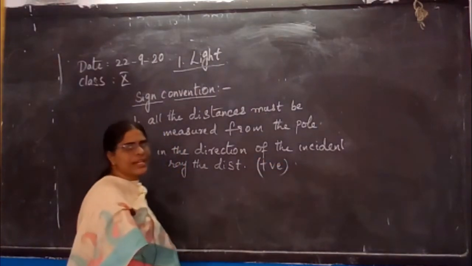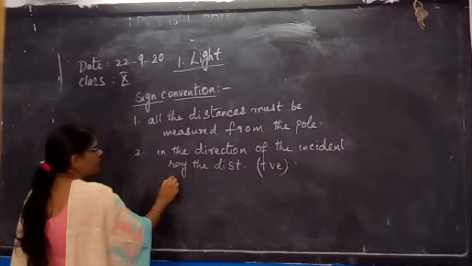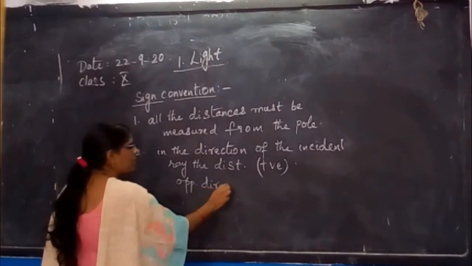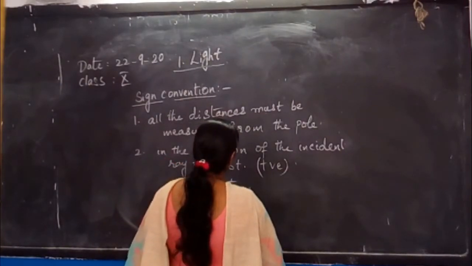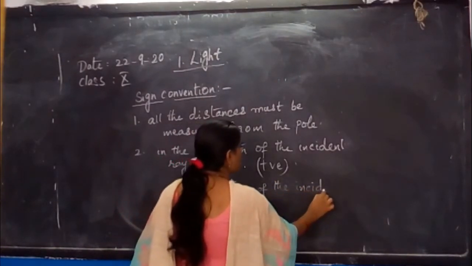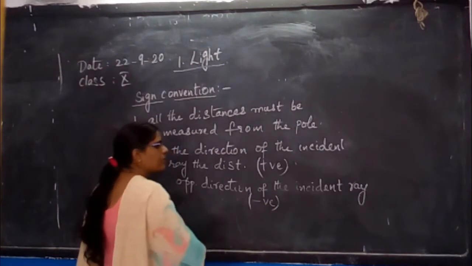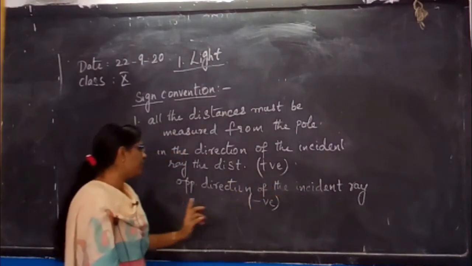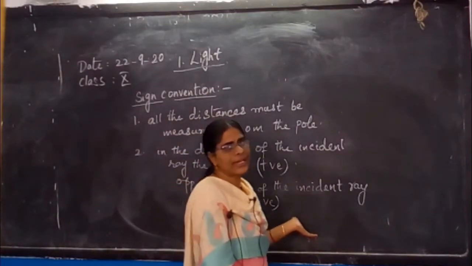In the opposite direction of the incident ray, the distances must be taken as negative.